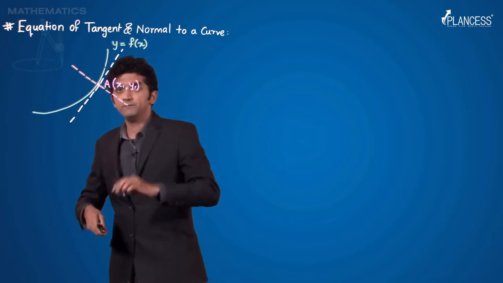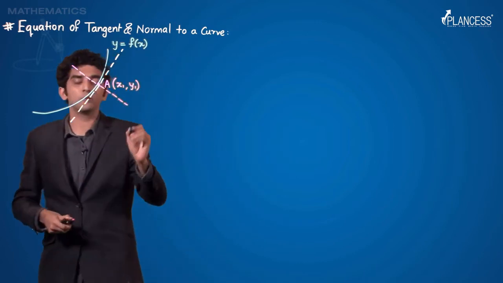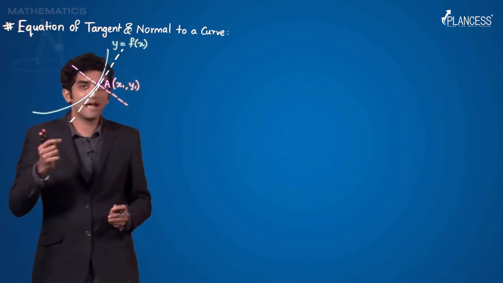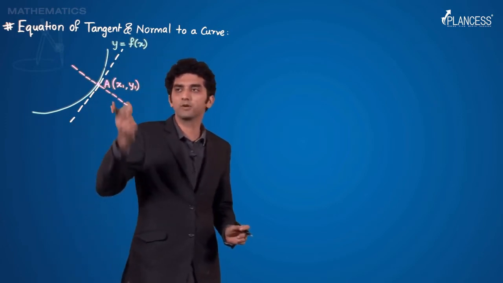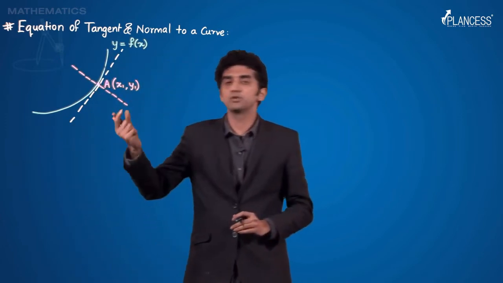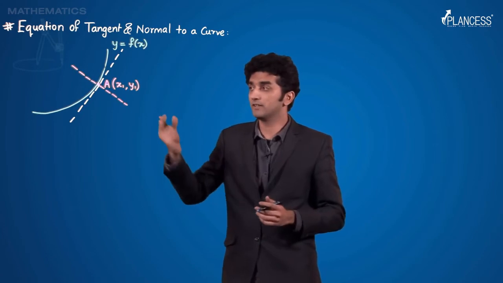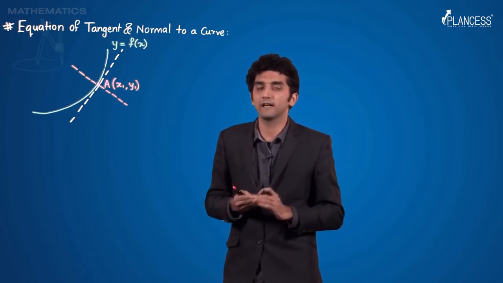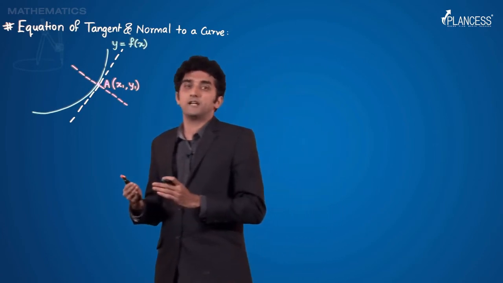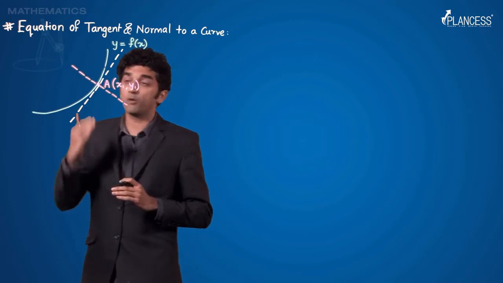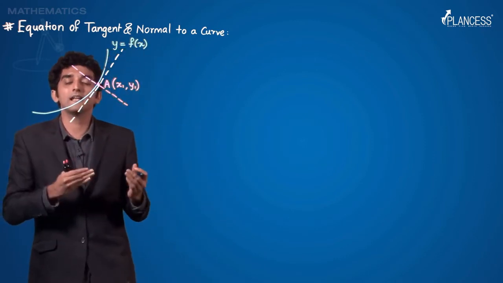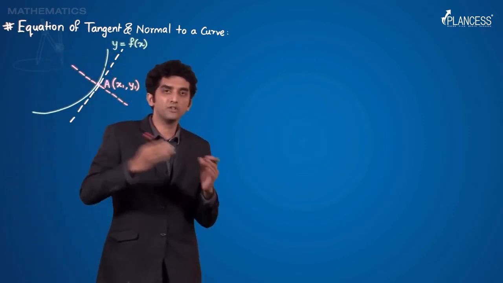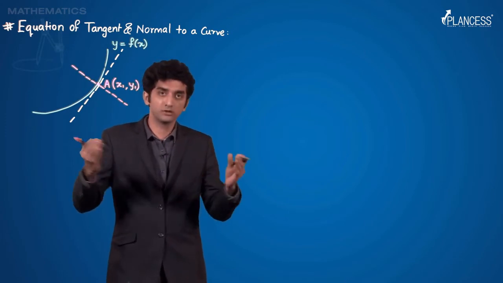Now, for the tangent and normal, both these lines, we have one point defined naturally, because we are talking about point A. So x1 comma y1 are the coordinates of point A. So one point is defined, which encourages us to find out the slope of both these lines, and hence find out the equation of both these lines via the slope point form.